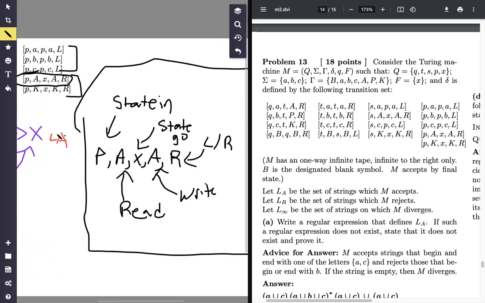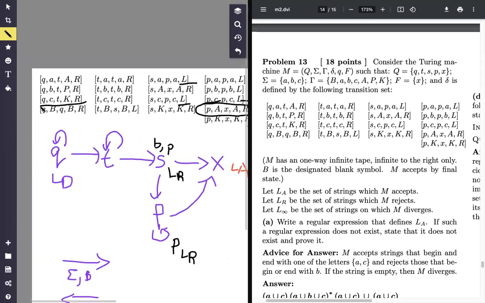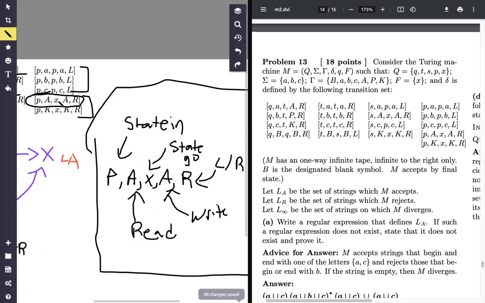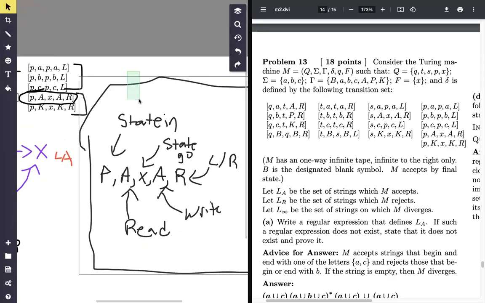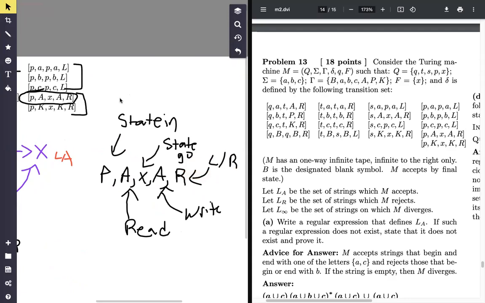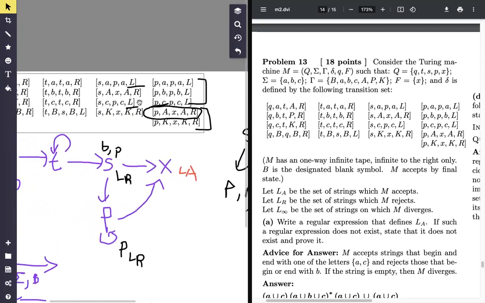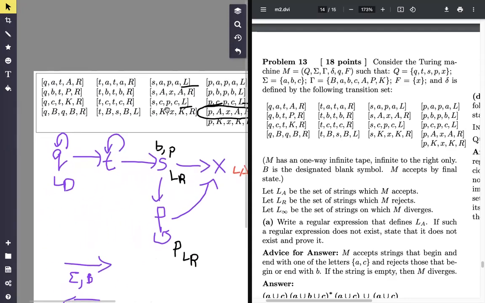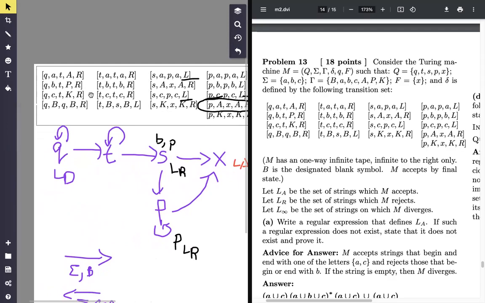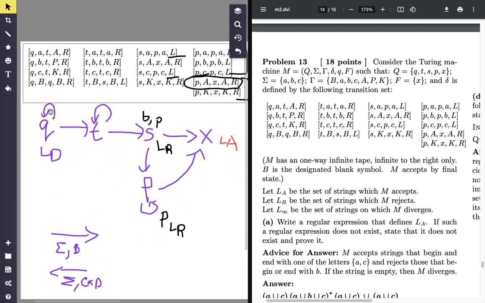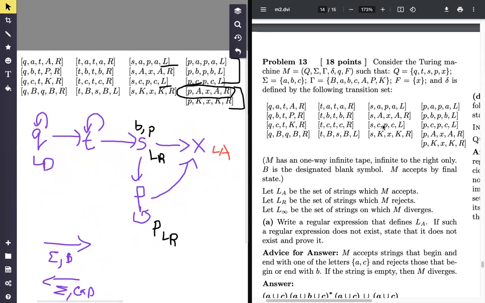Let's move on. If you're getting stuck on reading the transition, I went through a small example. Not a lot happens in a given transition. This is all about seeing the bigger picture with all the transitions working together. So just harping on one transition doesn't really get you anywhere. But what was this other question? It said go to, can you explain state S one more time? Yeah, okay.